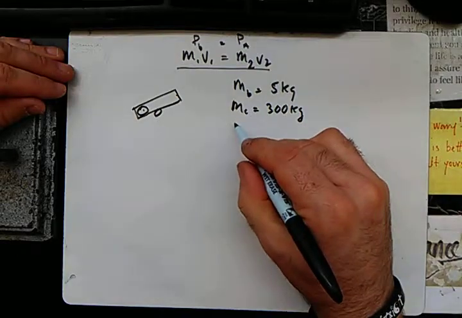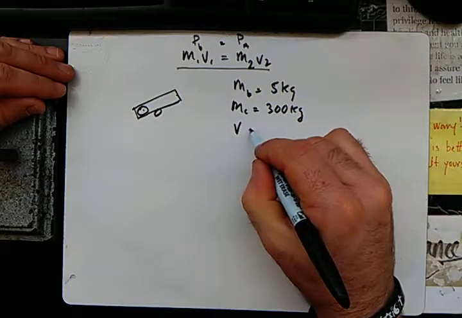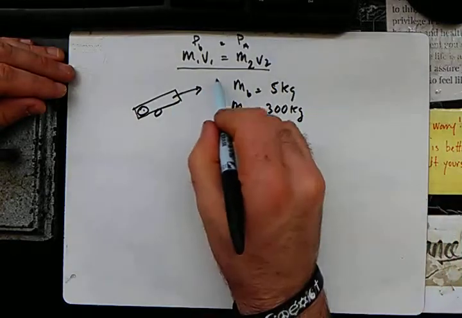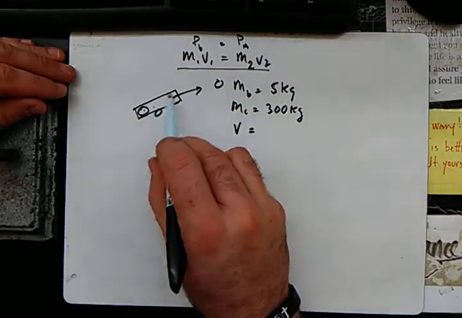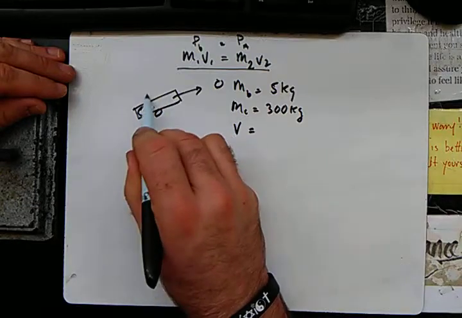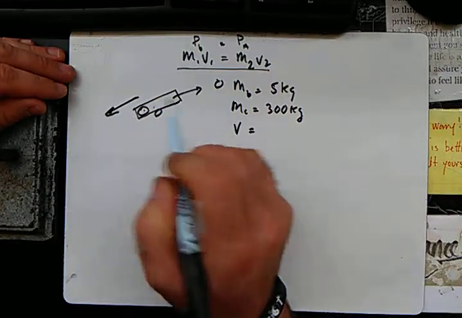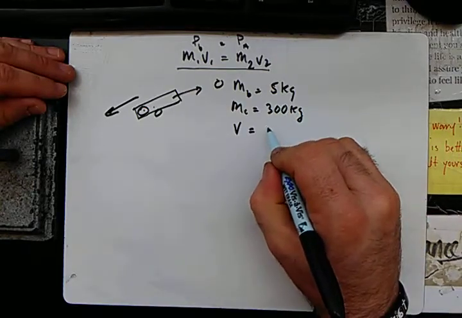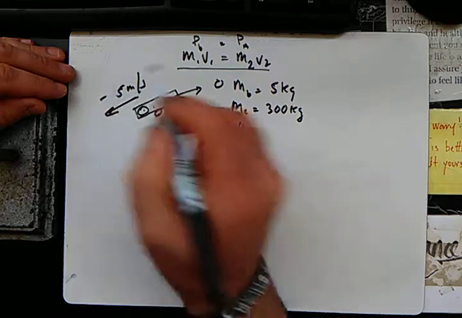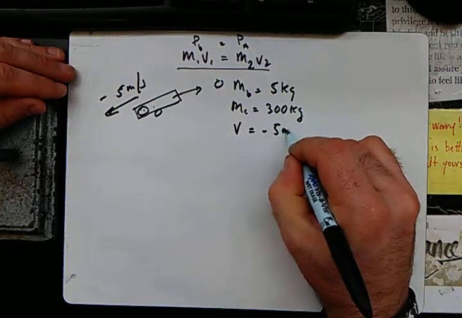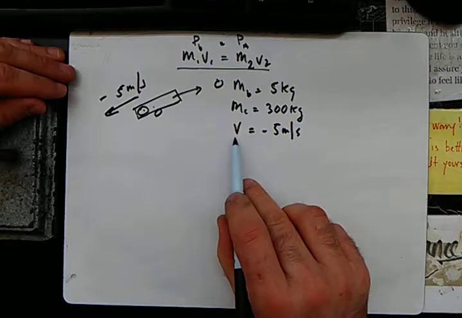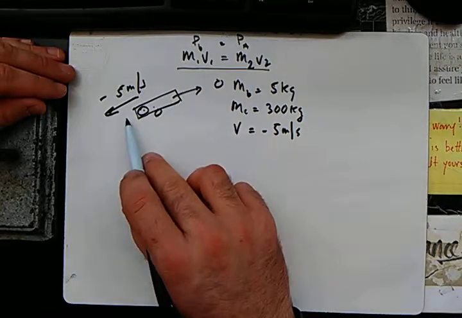When we shoot this off, the ball becomes separated from the cannon. The velocity of the cannon is 5 meters per second, but we're going to call that 5 meters per second backwards. So we've got a velocity that the cannon recoils at.